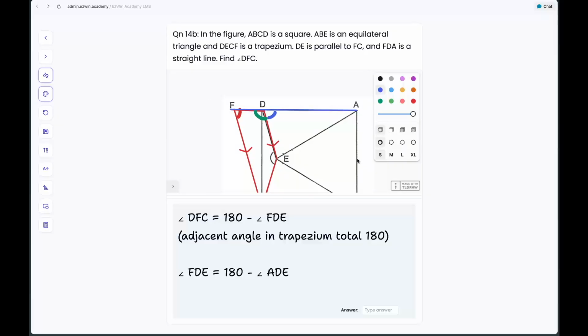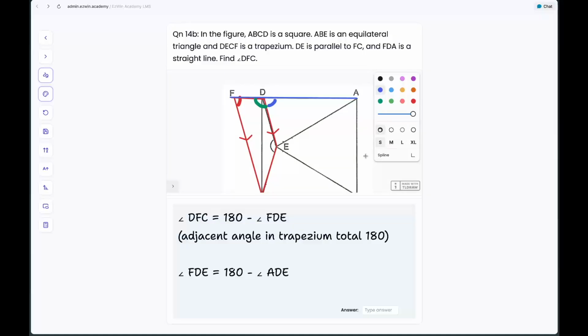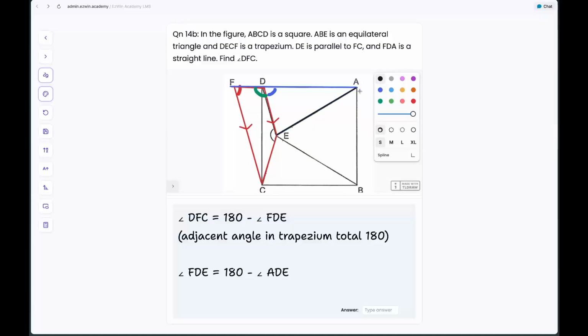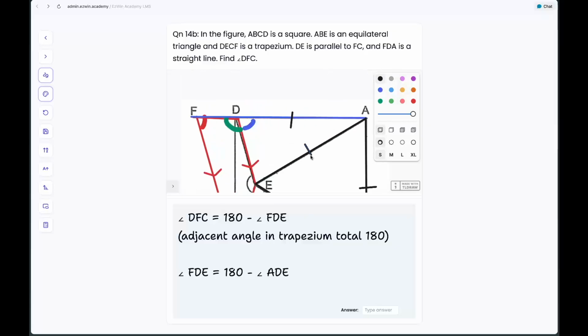In this case, we know that this triangle over here is an equilateral triangle, so these sides are equal. We also know that this whole thing over here is a square, so this angle is the same, this line is the same, and this line over here is the same. Can you see something?